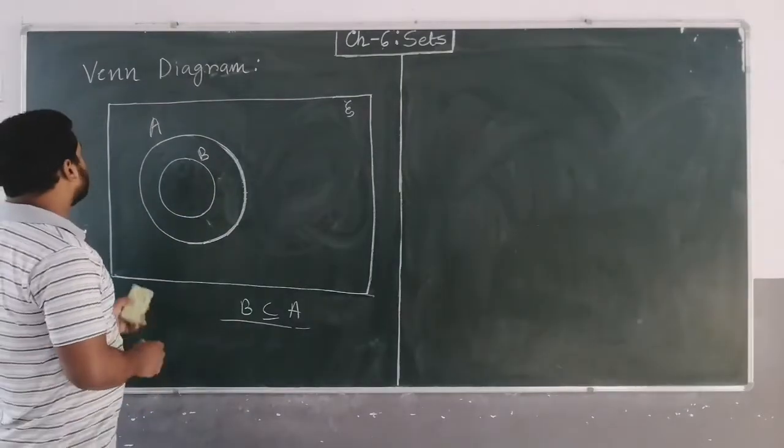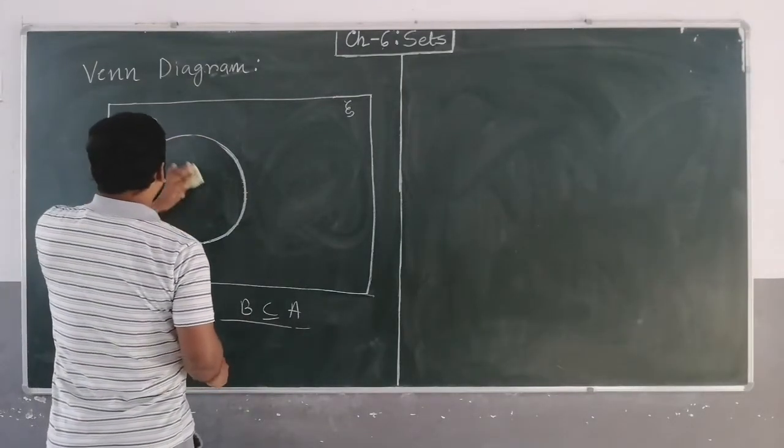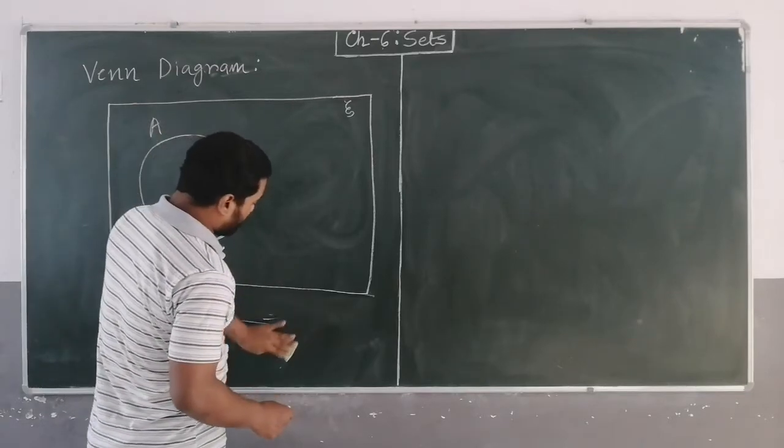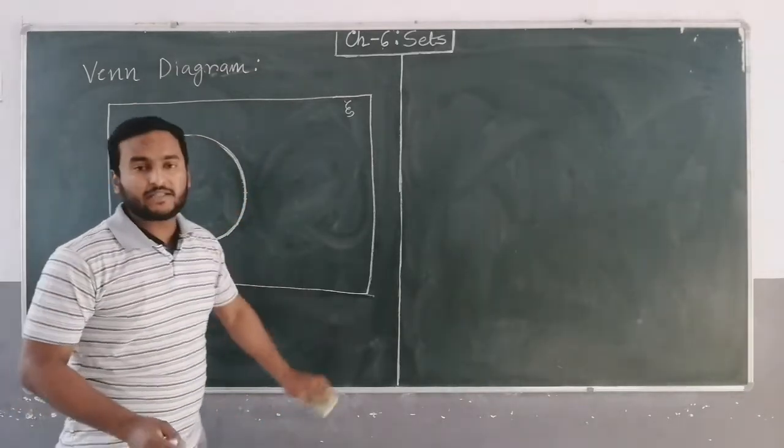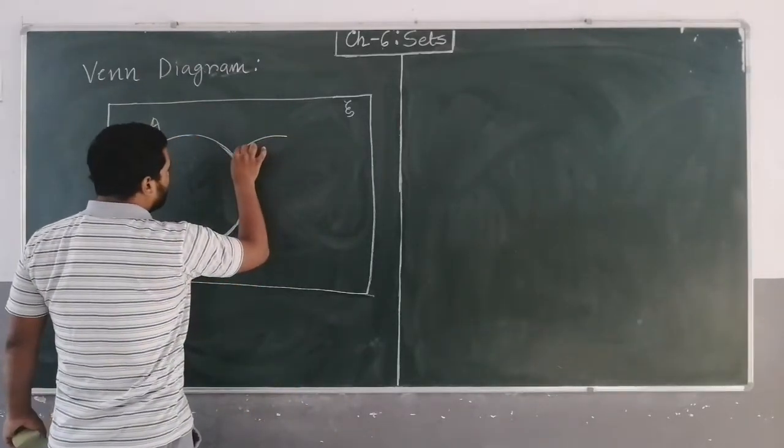Now, through the Venn diagram we will show some operations. The first operation we know is the union of two sets. So how will we represent the union of two sets?